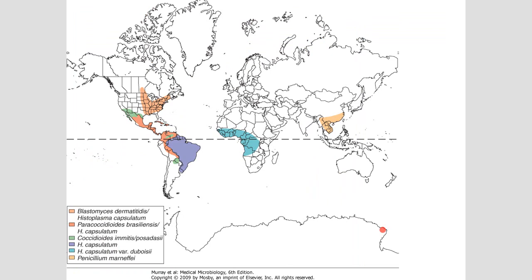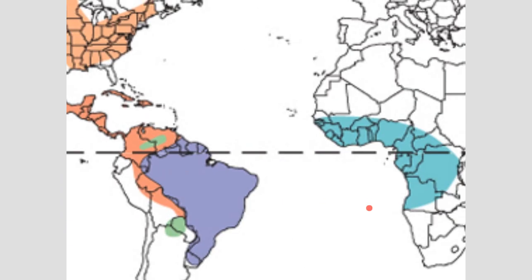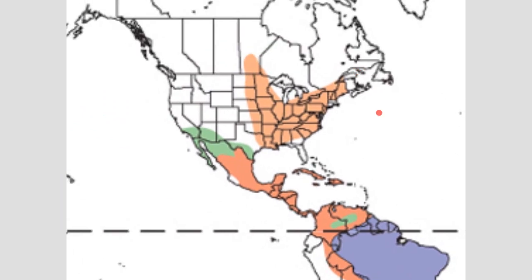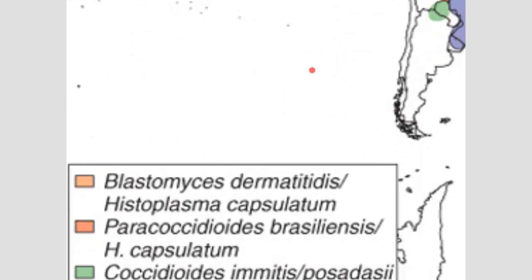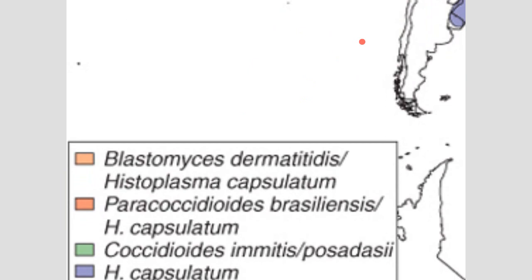If you look at the world statistics of what is going on over here, let's concentrate on the US, for those of you who are interested. So let me enlarge that. You can see from here that half of the US, the eastern half and a part of the southwest, has tons of infection that we normally see of blastomyces.